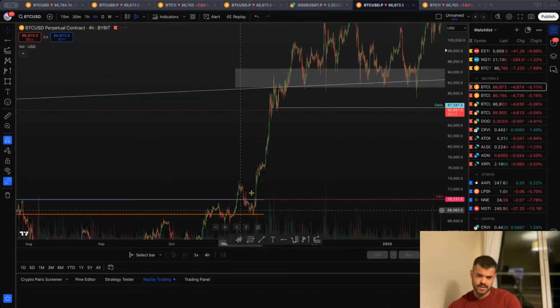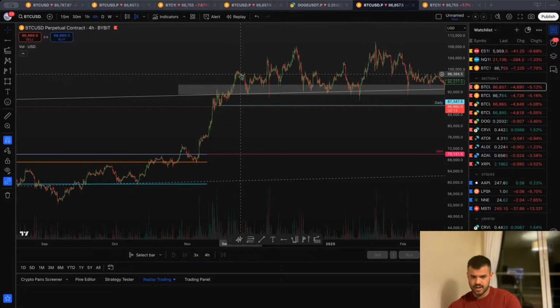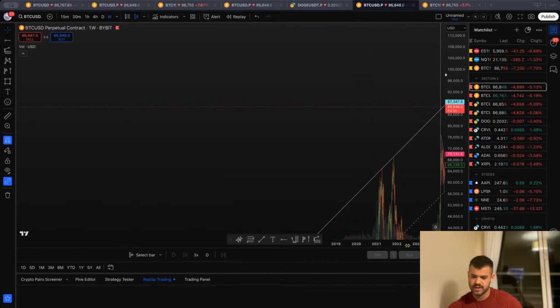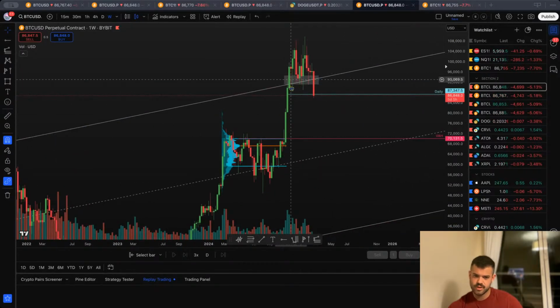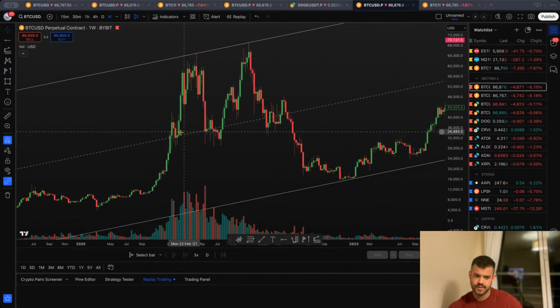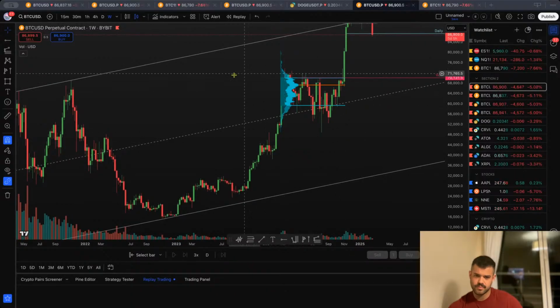If we look at this big bullish move here, this was one of the biggest moves in history on the weekly candle. This right here was one of the biggest green candles on Bitcoin you'll ever see in weekly history. Don't think there was a bigger one.